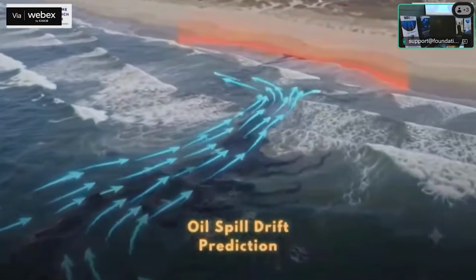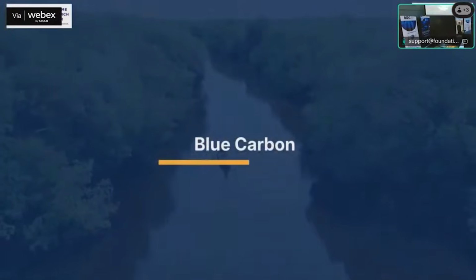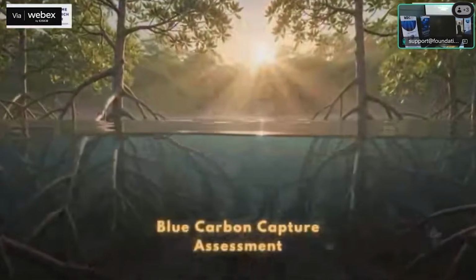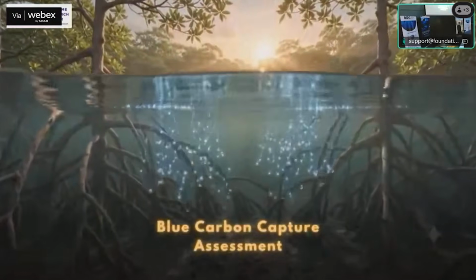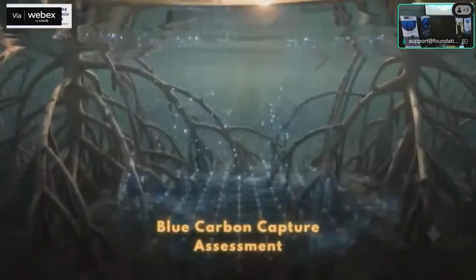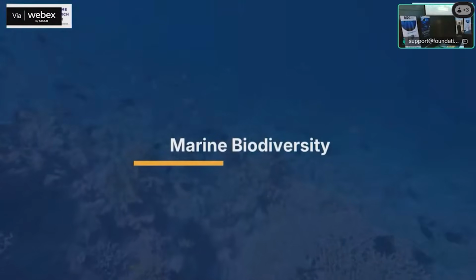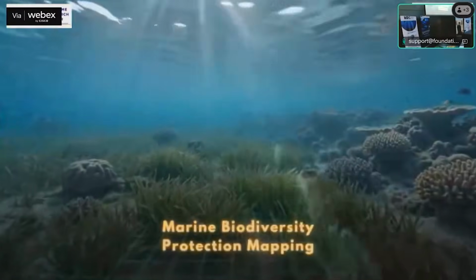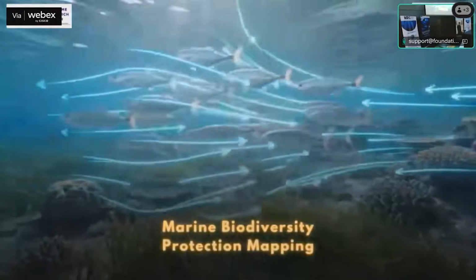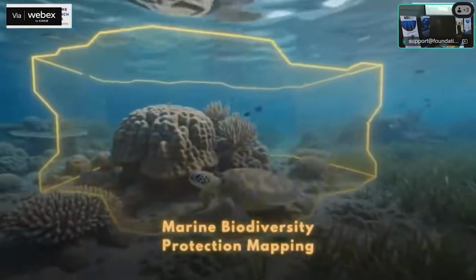Blue carbon, quantifying how much carbon our mangroves, seagrasses, and coastal ecosystems are actually capturing and what we stand to lose. Marine biodiversity, mapping habitats and species distributions to identify what needs protecting before a zoning line is ever drawn.